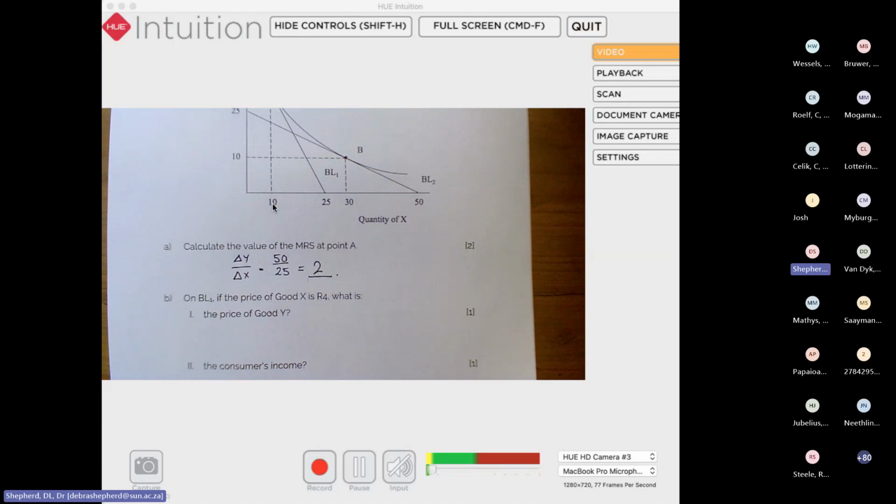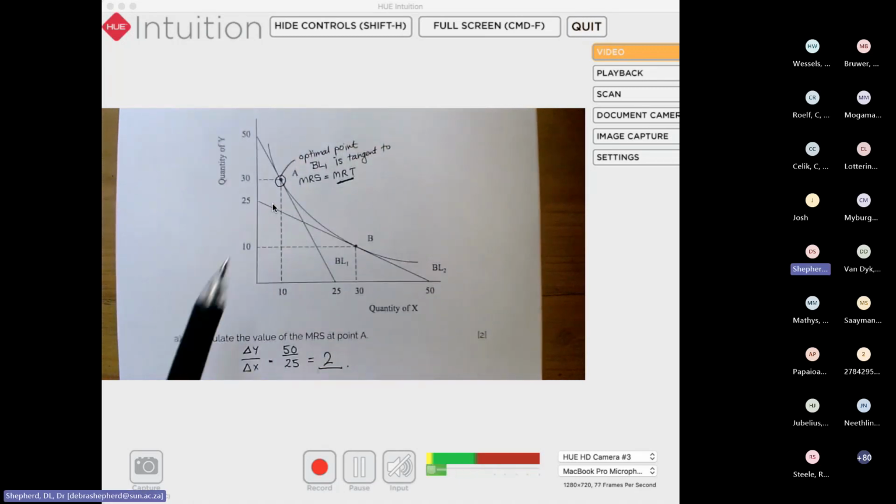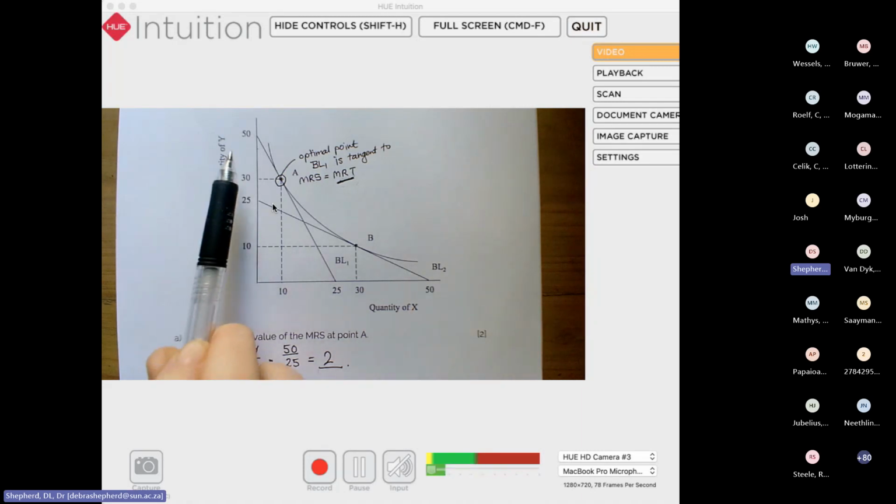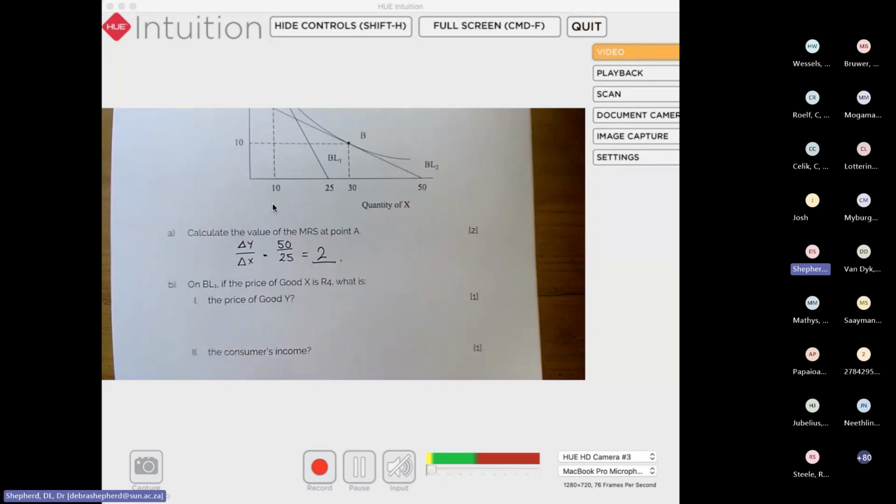Okay, then B says, on BL1, if the price of good X is 4 Rand, what is the price of good Y? So if the price of good X is 4 Rand, how would we be able to find the price of good Y using the information that we have?